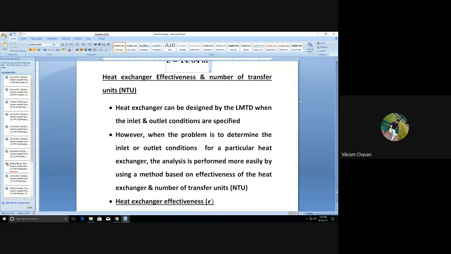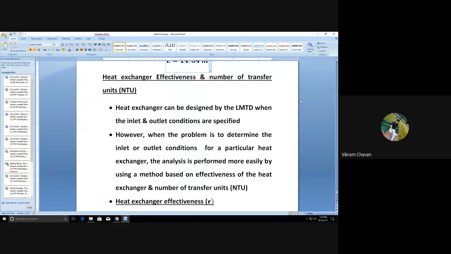In that case we have to consider a method with which we can calculate the unknown temperature conditions of the fluids. This heat exchanger effectiveness and number of transfer units methodology is used whenever one of the temperature conditions is not provided, or is unknown to you. In that case also you can determine the temperature conditions for the heat exchanger, and perform the further analysis.